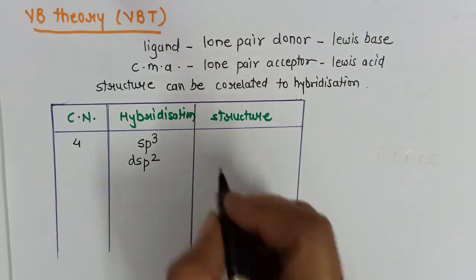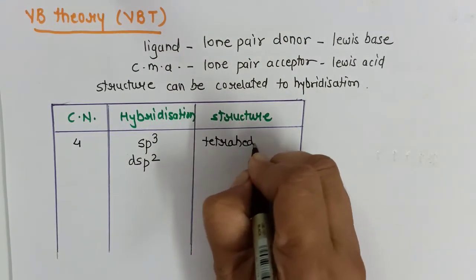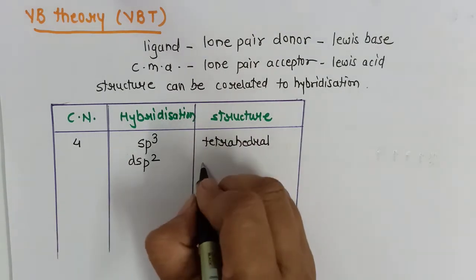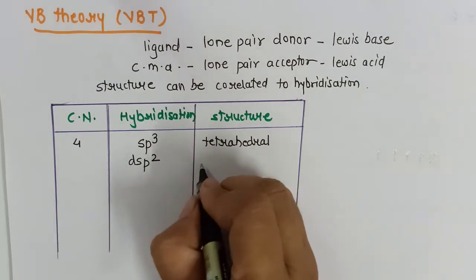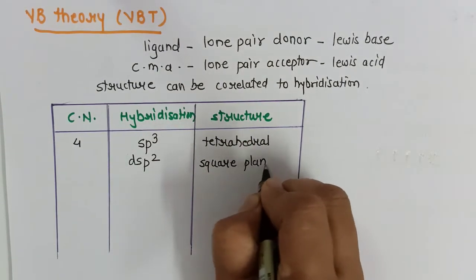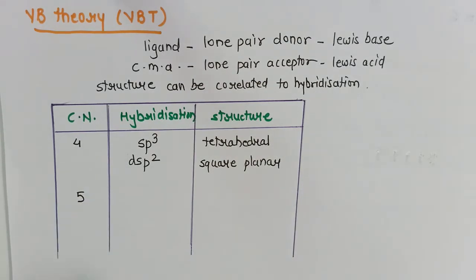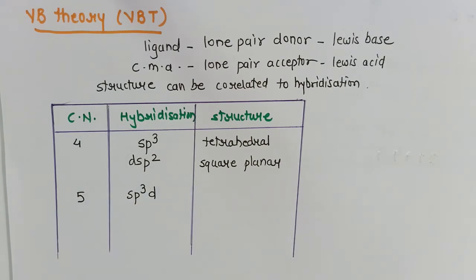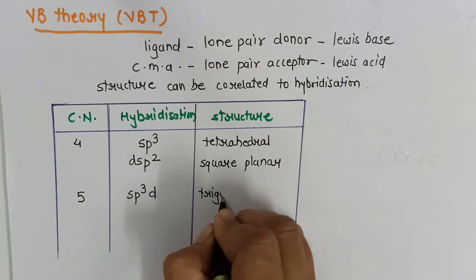If it shows sp3 hybridization, the complex will exhibit a tetrahedral structure. On the other hand, if dsp2 is there, then it will be a square planar structure. If the complex exhibits coordination number 5, then the possible hybridization is sp3d, and the possible structure will be trigonal bipyramidal.